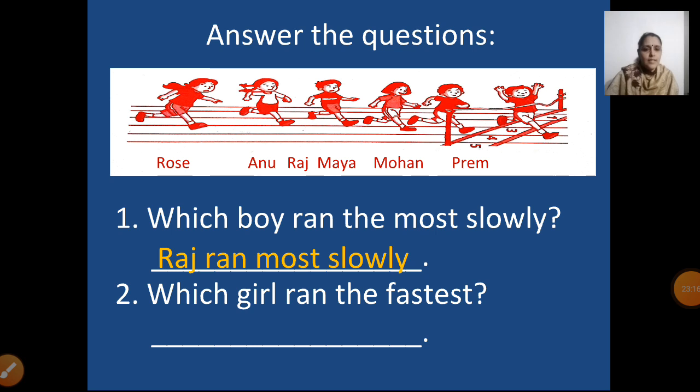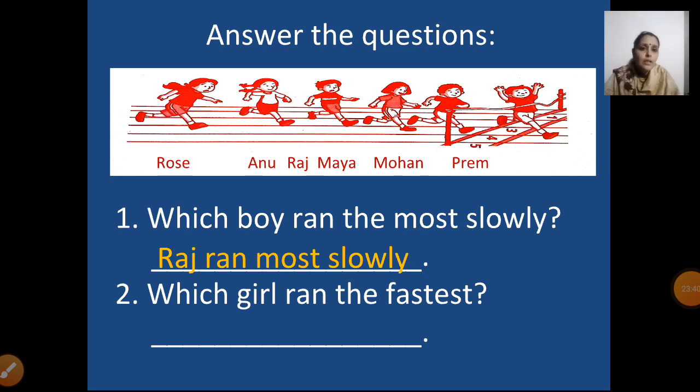Now look at the second question. Which girl ran the fastest? The one who runs fast, or the one who is the fastest, will always come first. So who is first? Prem, he is a boy. Who is second? Mohan is again a boy. But the question is which girl?